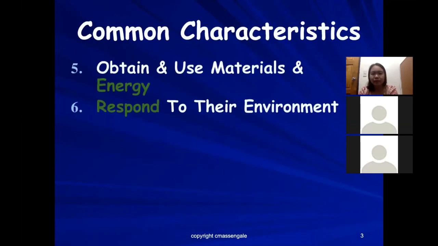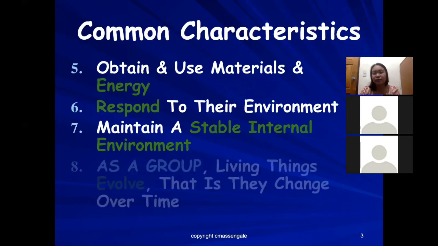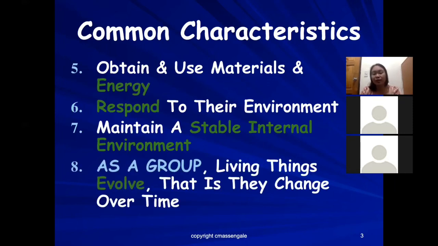Some more common characteristics are: we obtain and use materials to have energy, and we use energy to live and to carry out the metabolic activities in our body. We do work because of energy, and we respond to our environment.